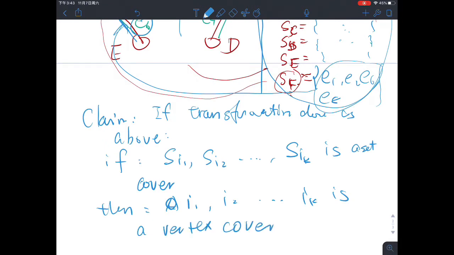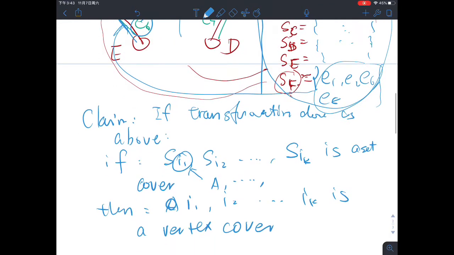Here the i's can be anywhere from A to, what is the last one, A to F.